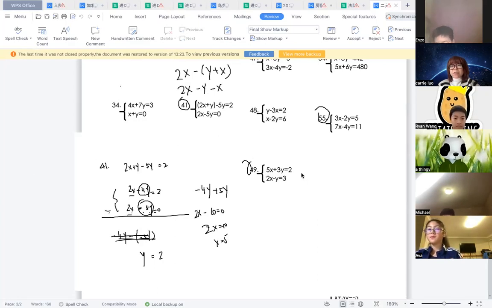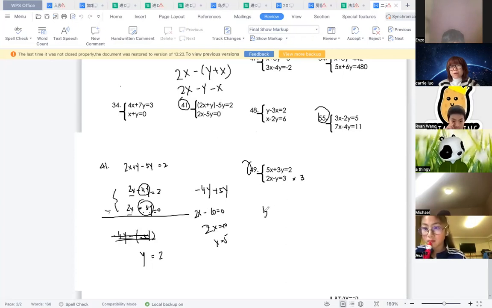So let's take a look at 49. So 49 is the same thing, okay? So Ava, let's see, 5x plus 3y equals 2, and 2x minus y equals 3. So 2x. So times what? Times 3.